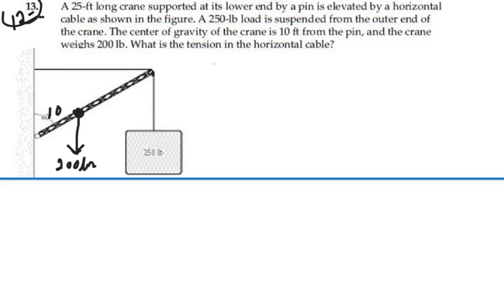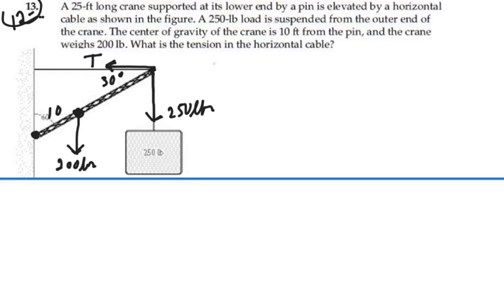We also have a force at the end of the crane, which is the 250 pounds. Also acting at the end of the crane is the tension force along the cord, which is going horizontally to the left. We'll just call that T, and that's at a 30-degree angle to the horizontal. And then we have some kind of reaction force at the pivot pin.